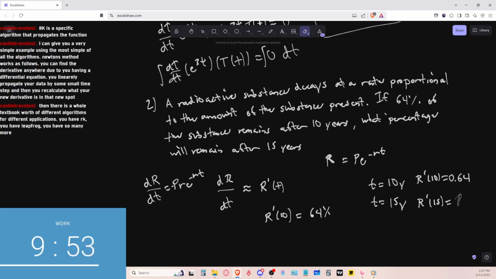I don't need to put a question mark there. So I guess we're going to have to use this result to find out how we can do this.